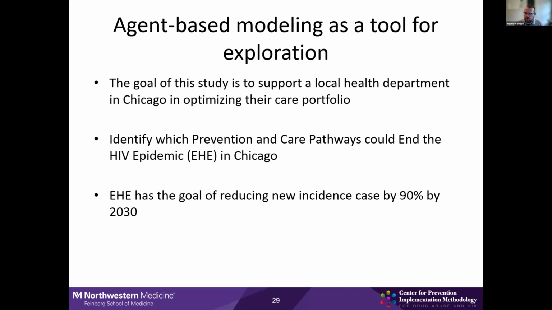And just to give you a little bit more context, I think the HIV epidemic is essentially an effort to reduce the number of new incidences annually by 90% by 2030. And this is primarily done through some novel interventions developed specifically relating to prevention and treatment of HIV.